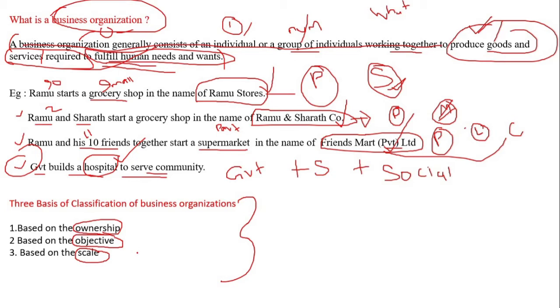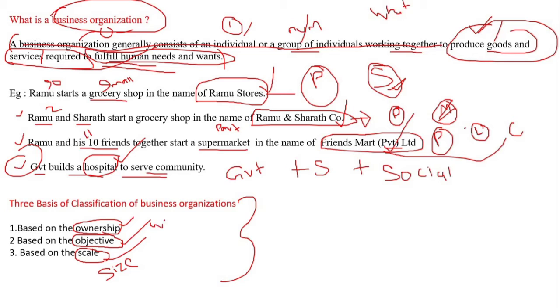You should know how to classify business organization based on ownership. You should know how to classify business organization based on objective. You should know how to classify business organization based on scale. That means size. Right? So there are 3 questions you can ask by yourself.